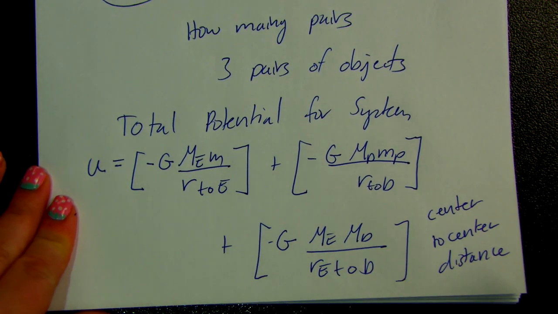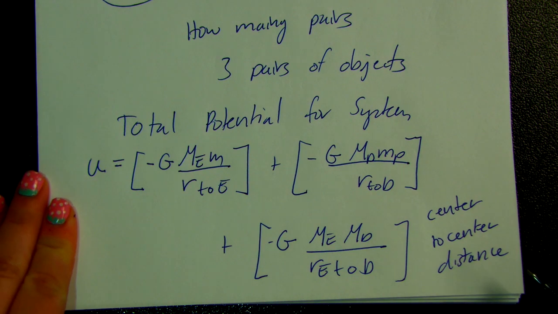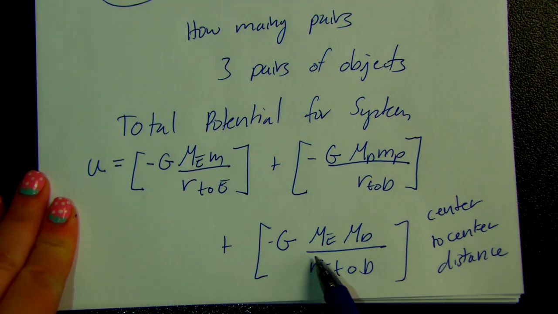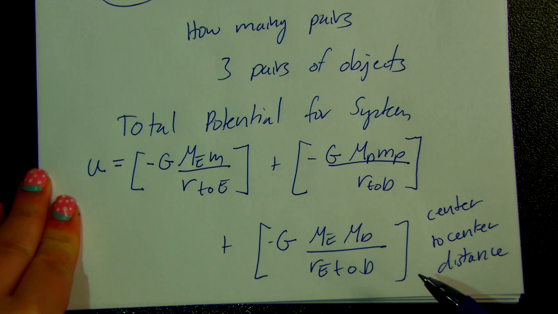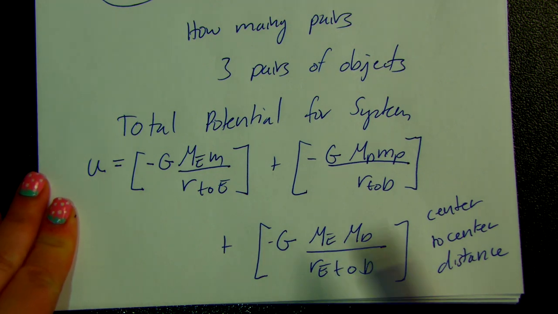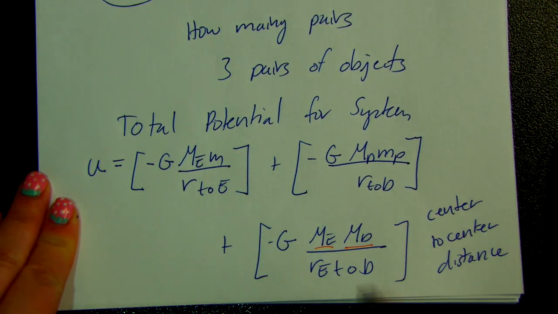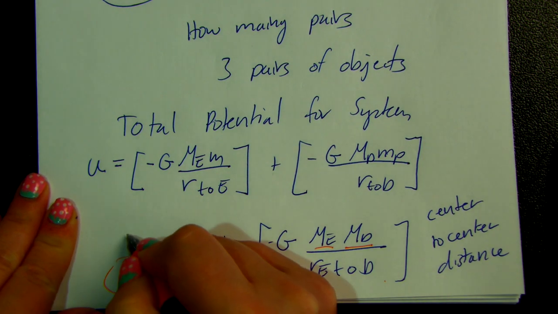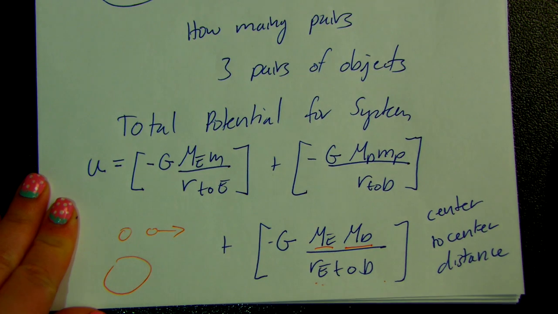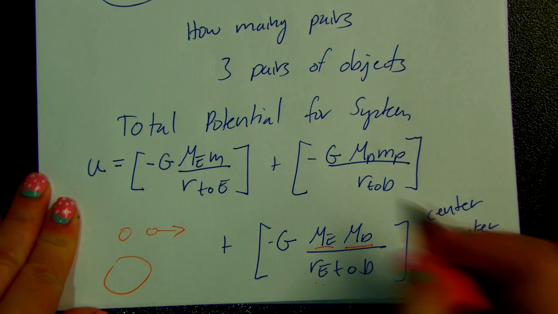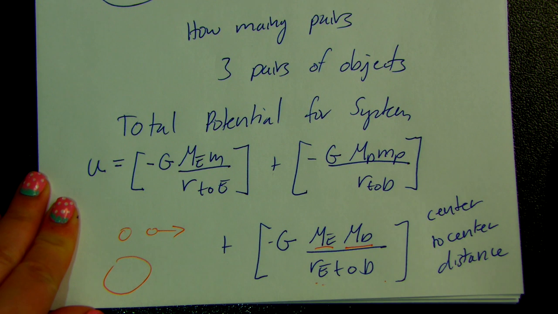So we could assume that for the length of time that we're looking at, Dysnomia and Eris are essentially fixed in space, and therefore if we're looking at the change in potential energy over this interaction, this is going to stay the same. The mass stays the same for each object, and that distance between them is going to stay the same. So if they're just hanging out, not really moving over that time span, then any change is going to be 0.